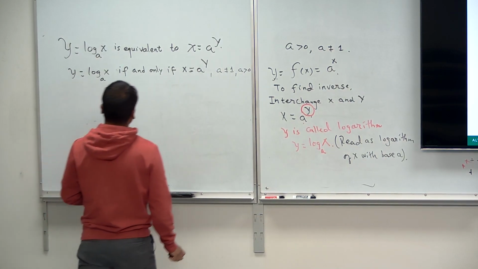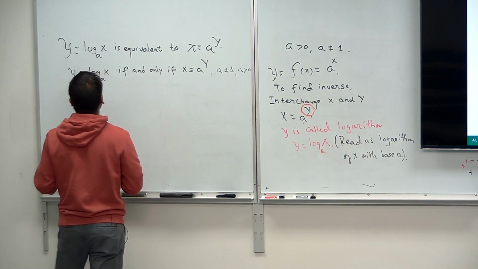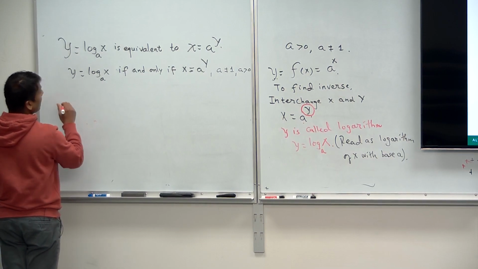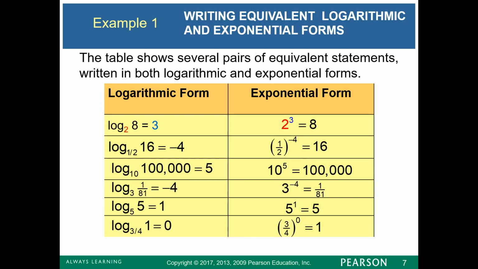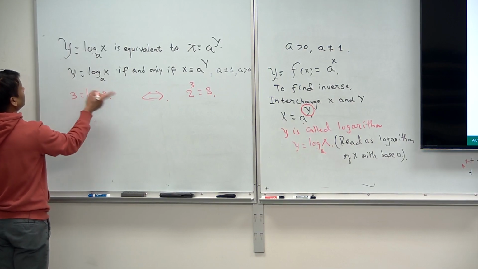So now you see, if you have 2 to the power 3 equals 8, you know that, right? So this is equivalent with 3 equals logarithm with base 2 of 8.